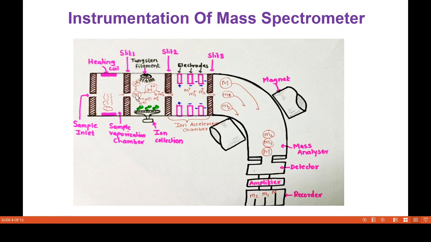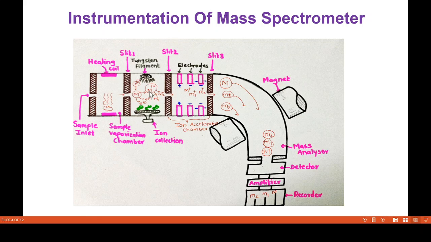So the potential required to convert M to M plus is 8 to 15 electron volt, but the potential produced by this tungsten lamp is 17 electron volt. This extra potential gives the fragmentation of the ion. So this extra potential gives the fragmentation of this molecular ion into smaller ions.